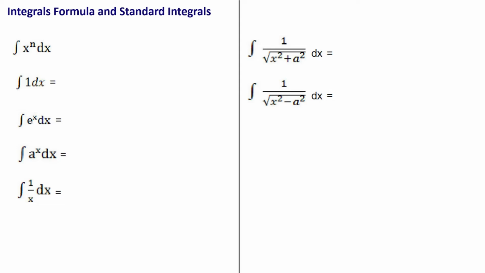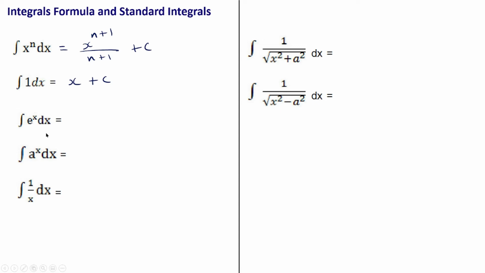And now we will see some of the integral formulae and some standard integrals. So integral x raised to n dx is x raised to n plus 1 upon n plus 1 plus c. Then integral 1 into dx, in place of n we have 0 here. So it is x raised to 0 plus 1 upon 0 plus 1, which is x plus c. So integral dx is x.